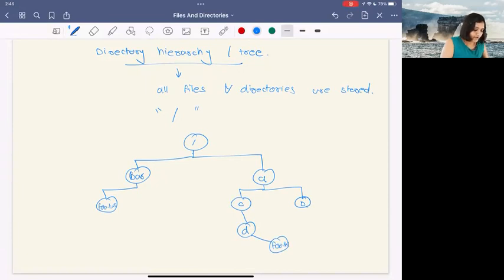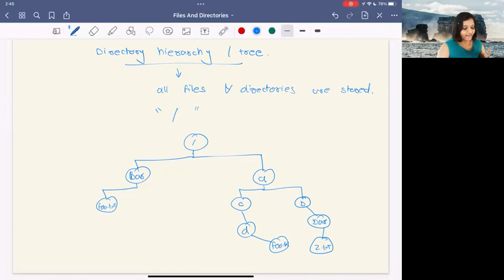Inside B, we can have directory bar, and we can have another file z.txt over here, and so on and so forth. So if you observe this directory hierarchy closely, apart from my drawing skills, you would see the content of this very spectacular drawing that I made.